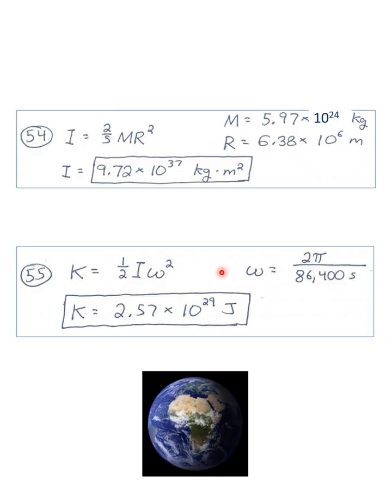Well, it'll spin around once, that's 2 pi radians, and it does it in 24 hours. That's 86,400 seconds. And so when you do 2 pi radians over 86,400 seconds, that's going to be the radians per second. Then we plug it into this equation with I, and we get a kinetic energy of 2.57 times 10 to the 29th joules.